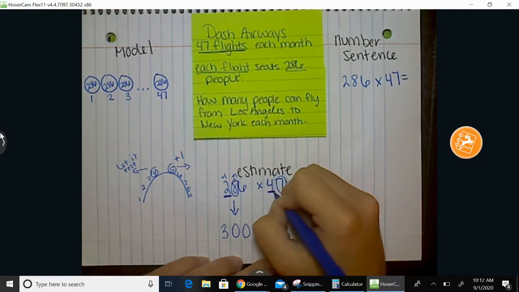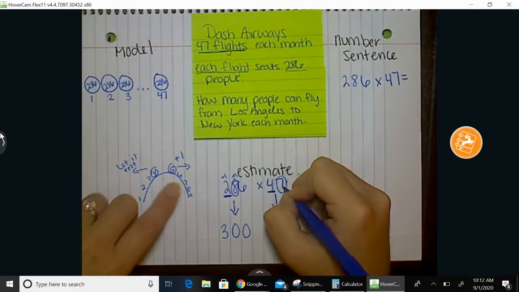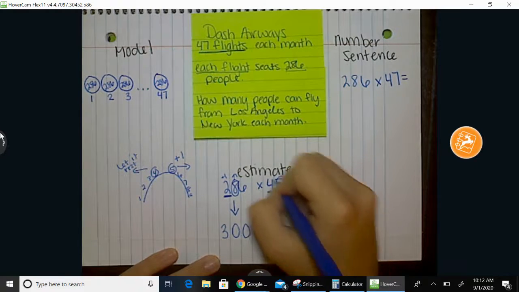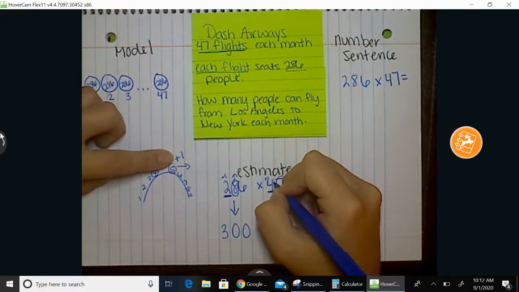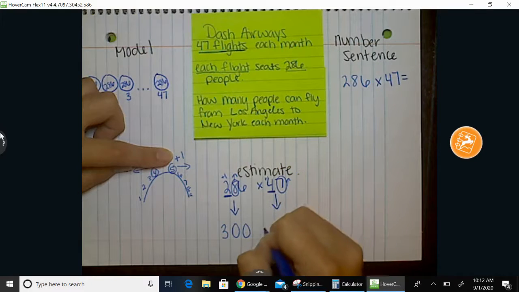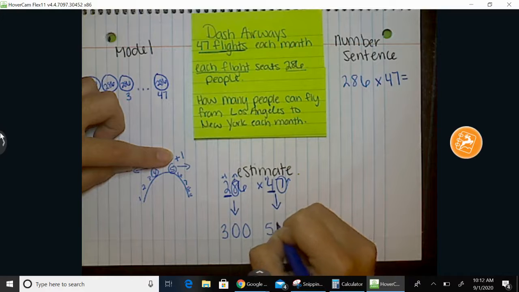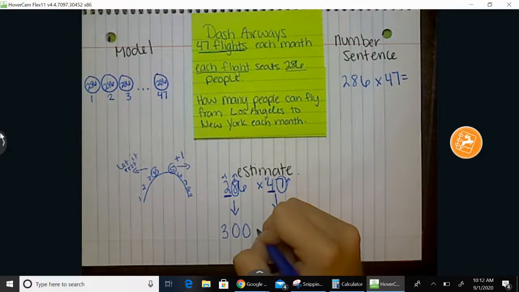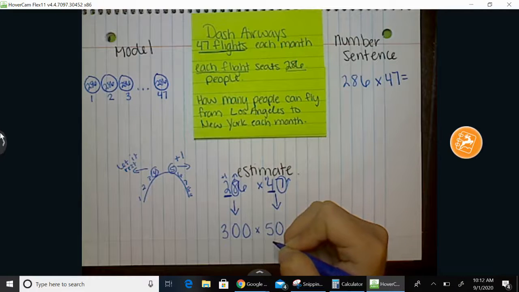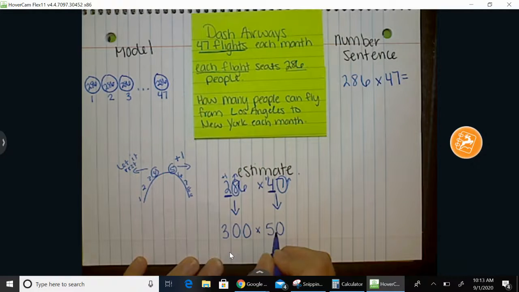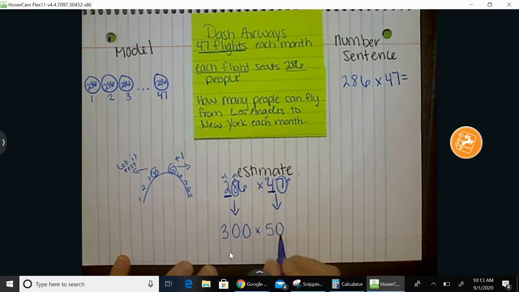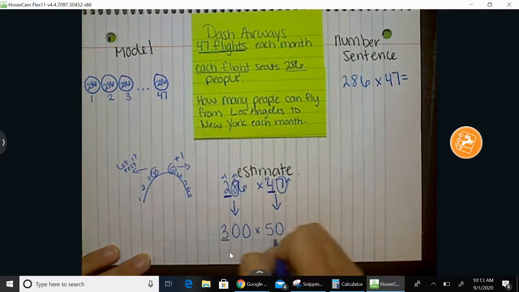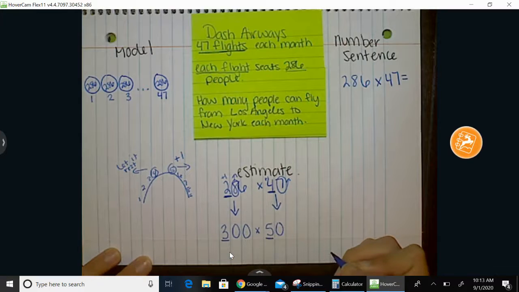I'm going to do the same thing with my 4. My 7 is going to round up. So my 4, I add one more, and my 4 turns into a 5. Everything else to the right turns into a 0. And I can multiply just like that. When we have our estimate of each number, now I can go ahead and multiply them to see what a good estimate for our question will be.